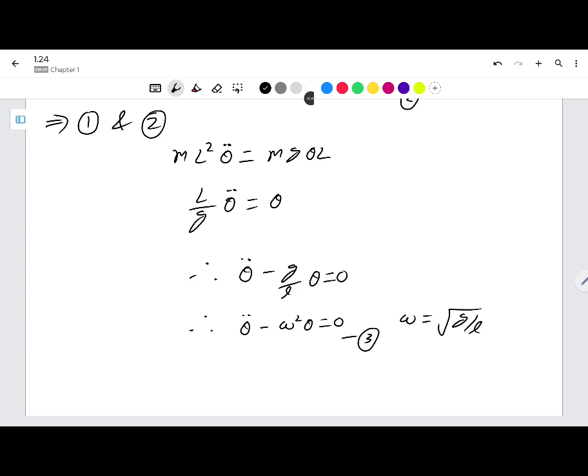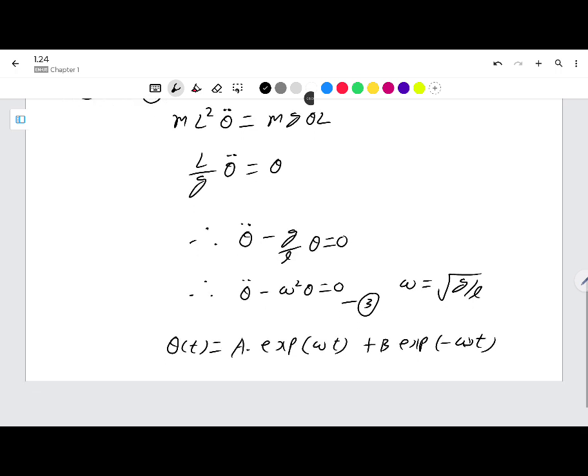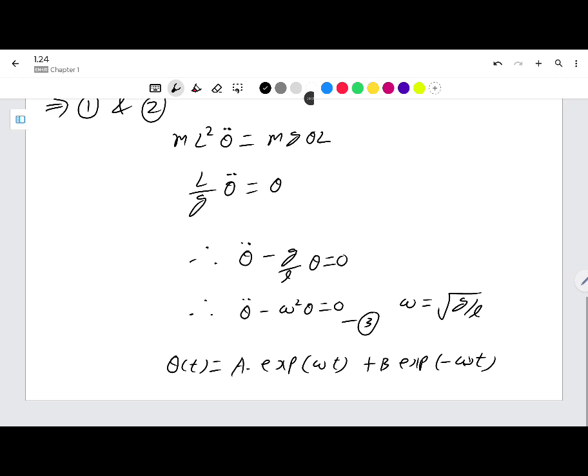This is equation 3. The solutions of this can be written as a times exponential omega t plus b times exponential minus omega t. Okay, fine.